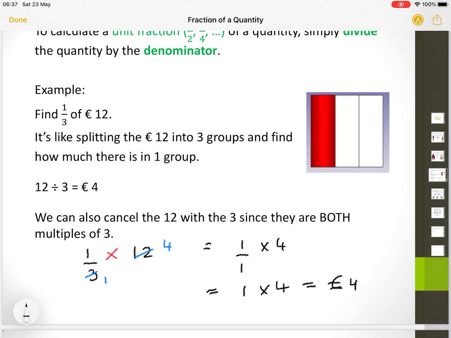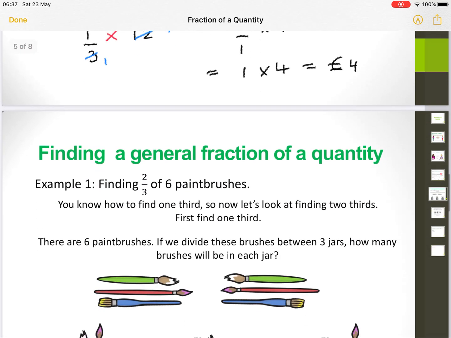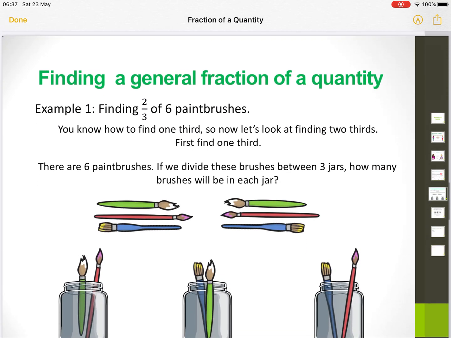So 1/3 of 12 euro is 4 euro. Instead of "of" I put down a multiplication sign. The 3 and the 12, one is at the bottom and one is at the top, so I can cancel them. I cancel by 3 because they are both multiples of 3. I end up with 1 all over 1 times 4. 1 all over 1 means 1 whole times 4. 1 times 4 is 4 euro. So up till now we found how to work out a unit fraction.